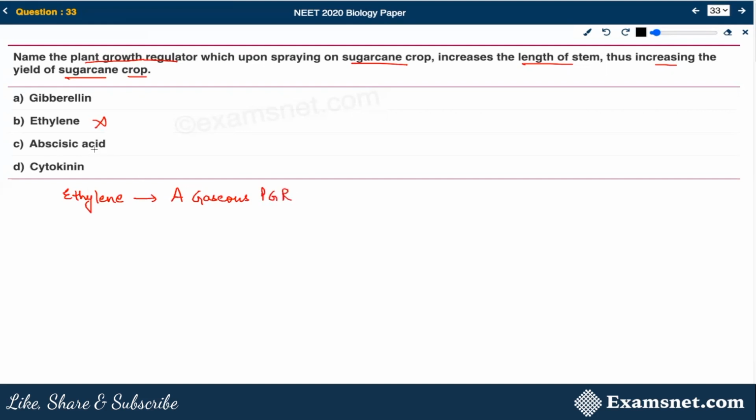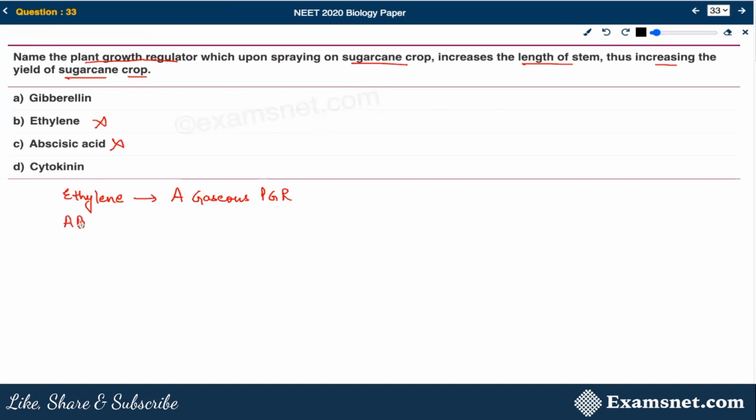Abscisic acid also won't be an option. The reason is that abscisic acid is a plant growth regulator, but it is a negative plant growth regulator. It doesn't promote plant growth, rather it stops the process of plant growth during extreme conditions. All right, so this is actually a plant growth inhibitor.